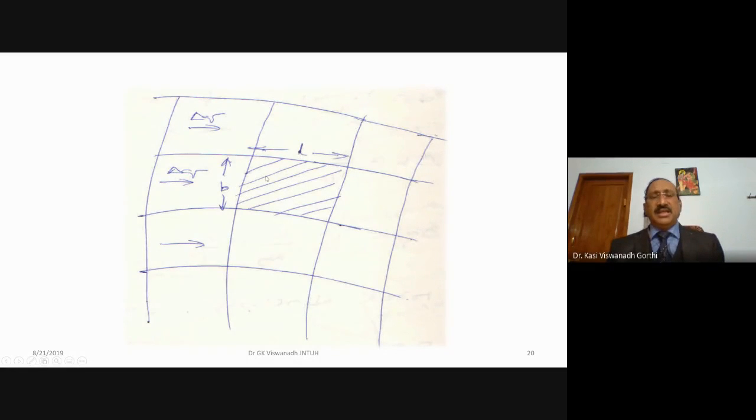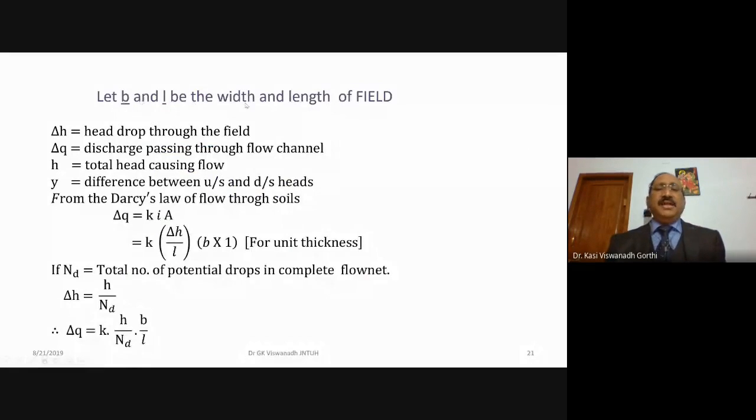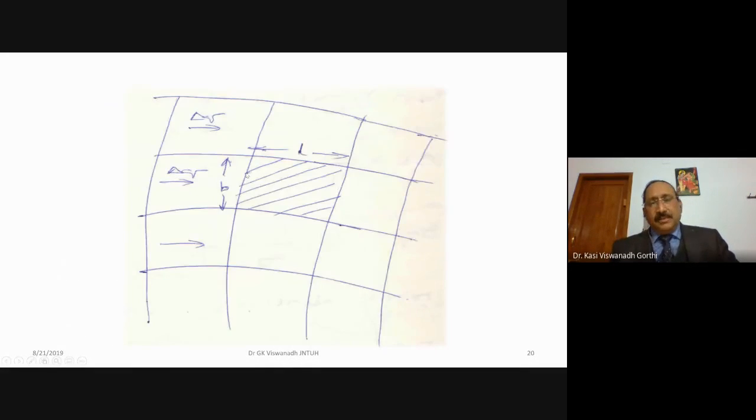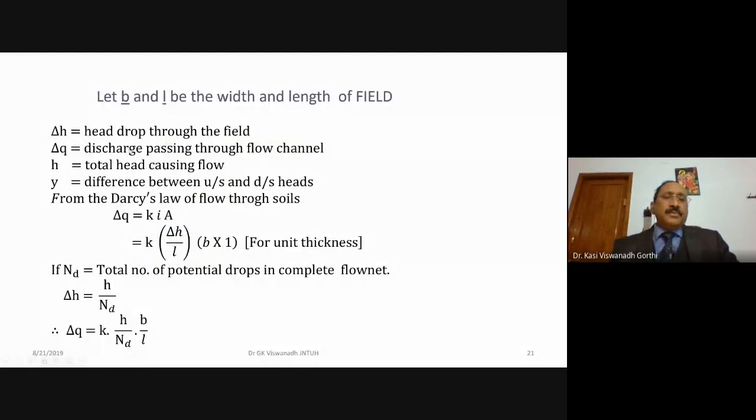However, if there is any difference, let B and L be the width and length of the field, the size of this field, and delta H the head drop through the field. When the flow is taking place, there is a drop in head. From this portion to this portion, delta H is the head drop, and delta Q is the discharge, as we have seen, through a given flow channel. So this is the discharge passing through the flow channel.